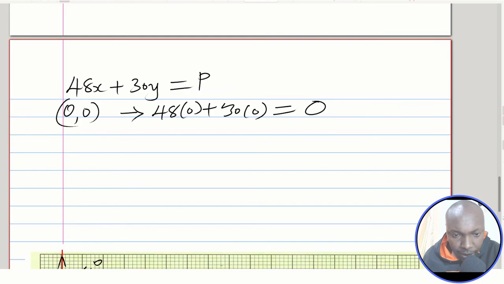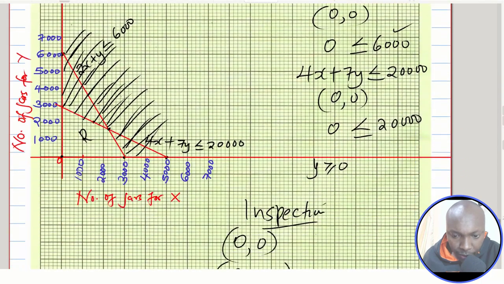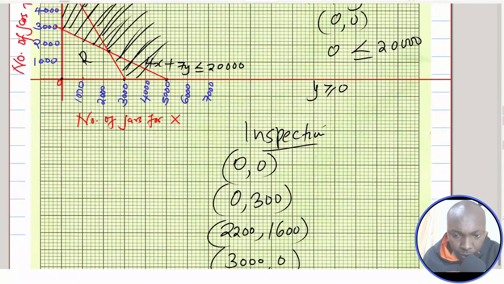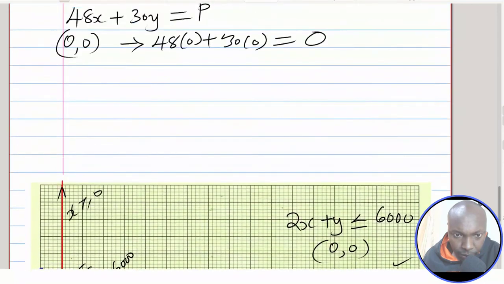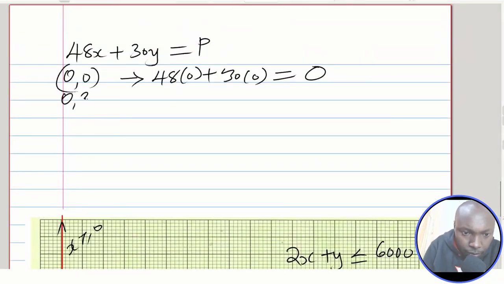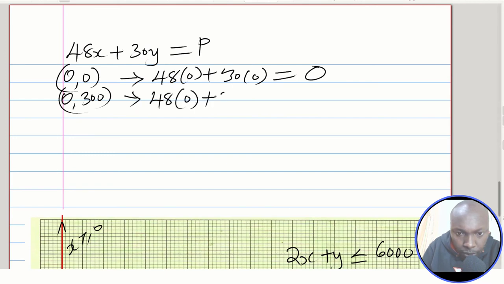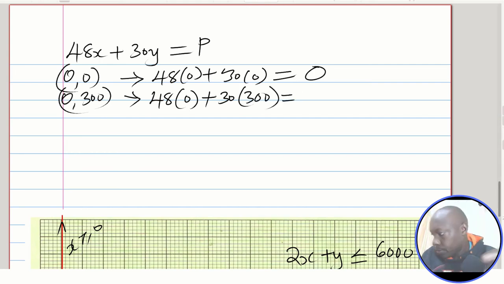That one will not give us any maximum profit. The other one will be 0, 300. So this one will be 48 times 0 plus 30 times 300.